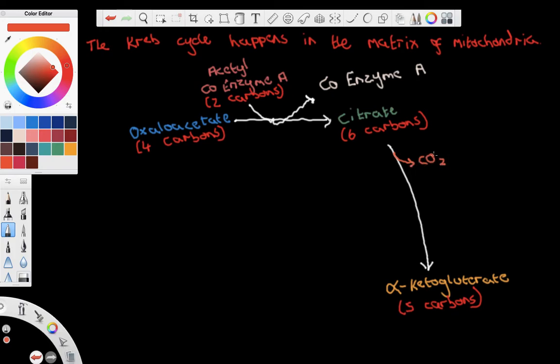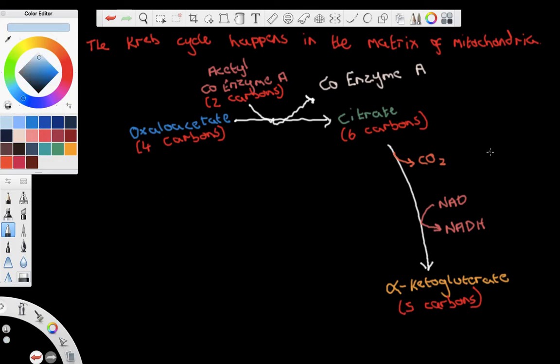in this process. At the same time, the citrate is oxidized, okay? It has hydrogen removed from it, and that hydrogen is added to an NAD molecule to make NADH. So to turn citrate into alpha-ketoglutarate, we are having decarboxylation and oxidation.